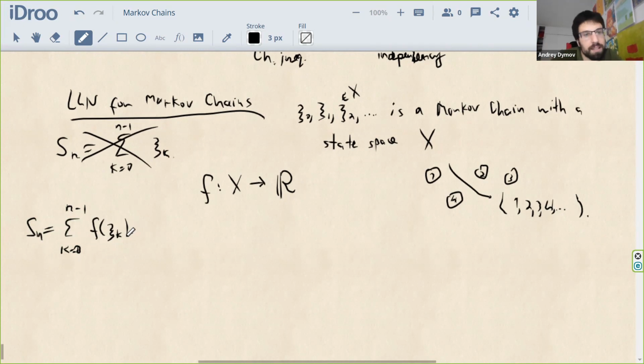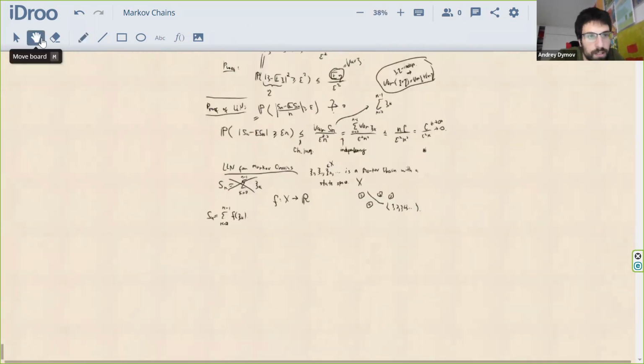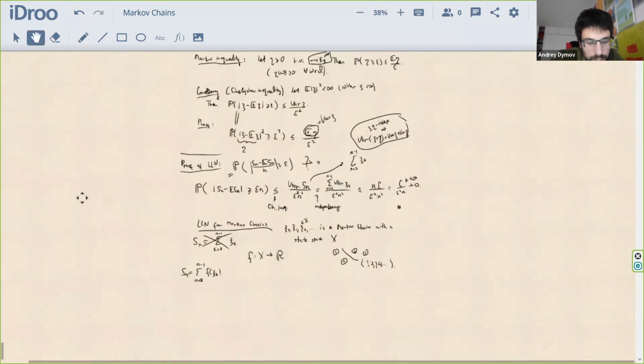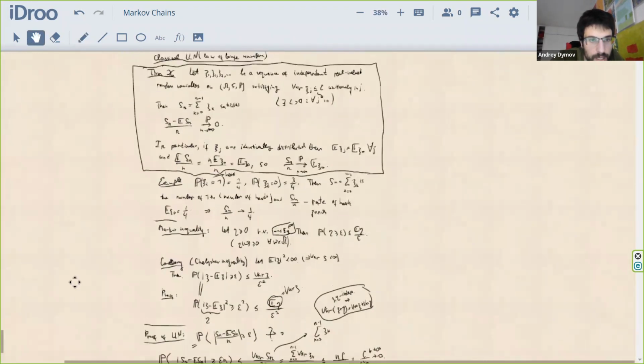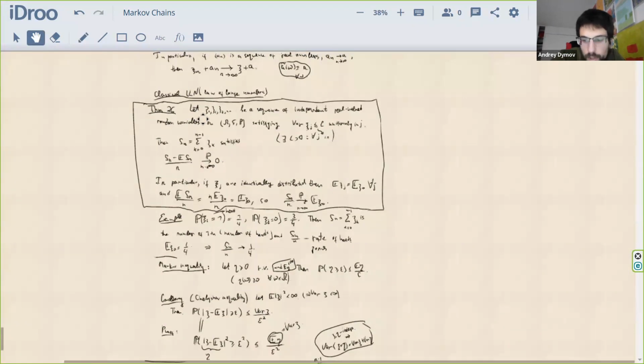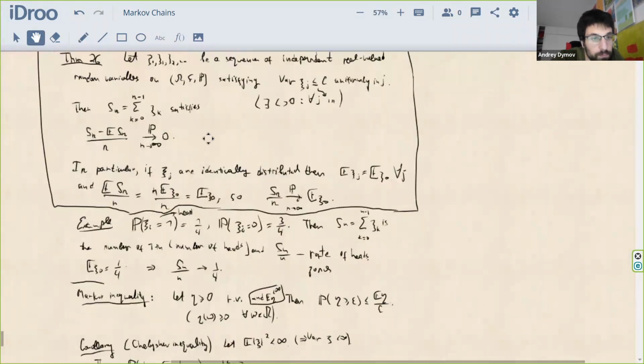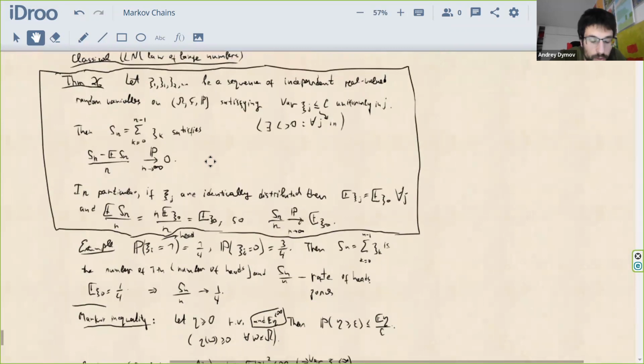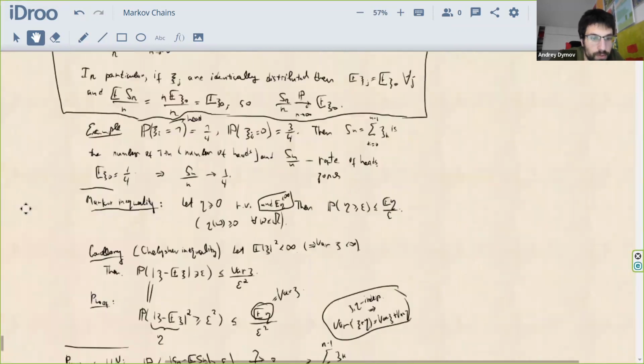It doesn't make sense to introduce this function in the standard setting of the law of large numbers, because you denote this f of psi k by eta k, and you apply again the same law of large numbers.